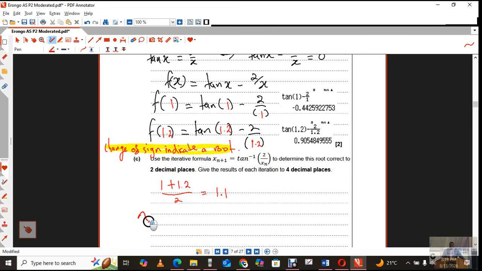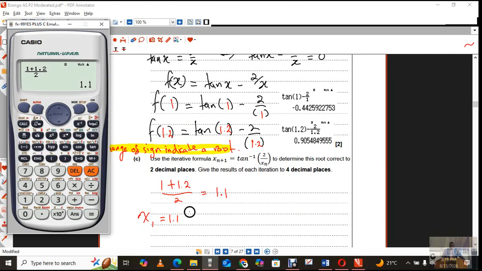So we're going to say x sub 1 is 1.1. Remember it should be in radians.